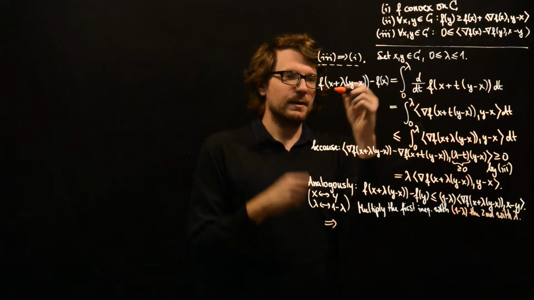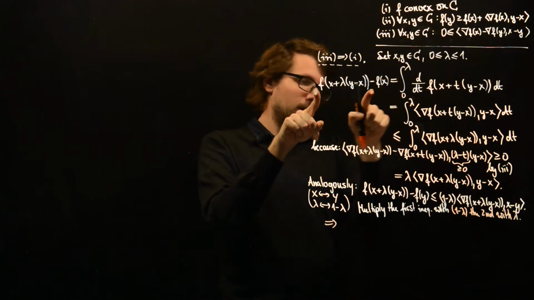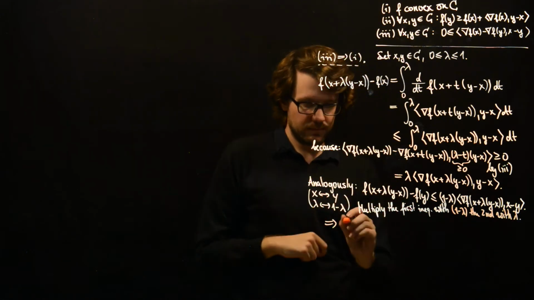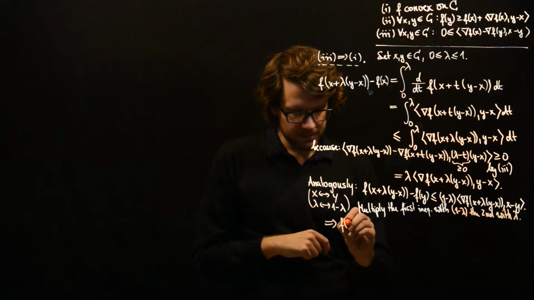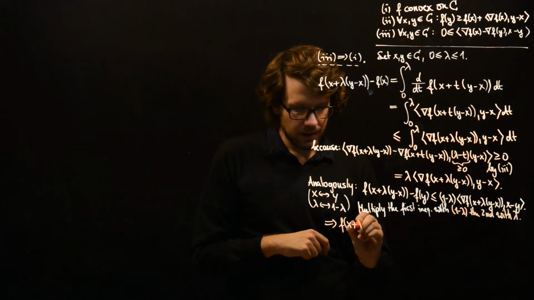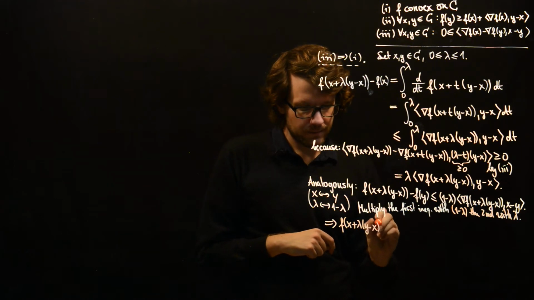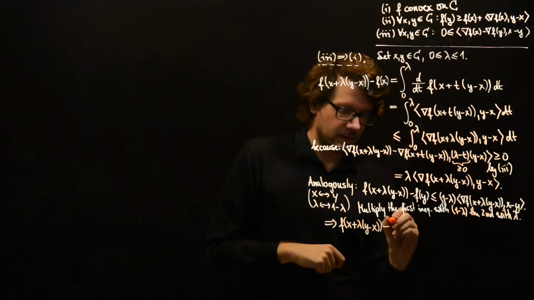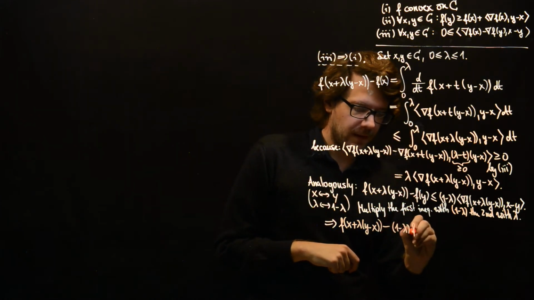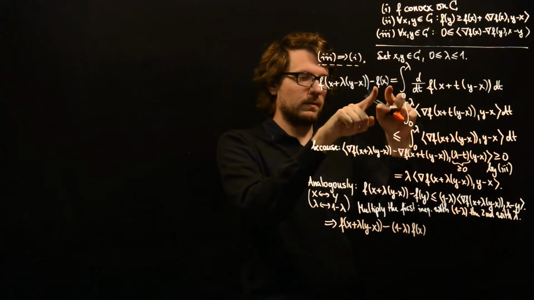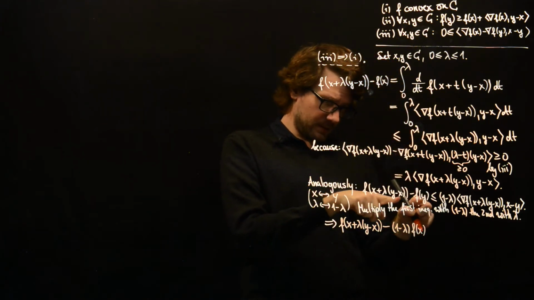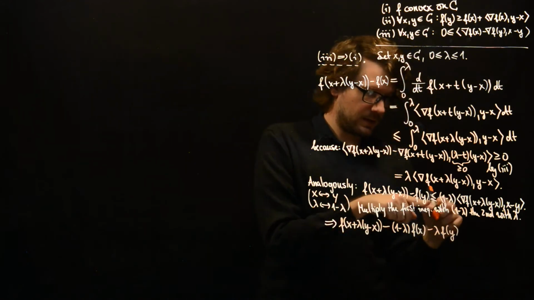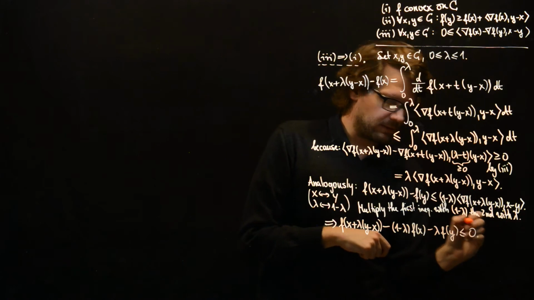So we get lambda times this, 1 minus lambda times this, plus lambda times this, perfect, is 1 times this, so f of x plus lambda y minus x, minus 1 minus lambda f of x, minus lambda f of y, and then this thing is less or equal than 0.